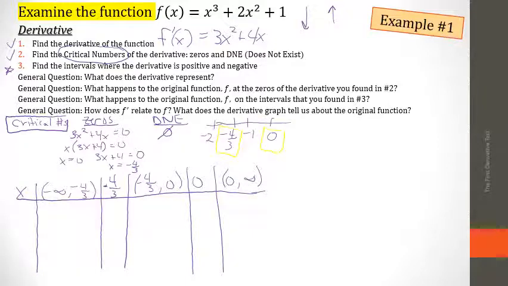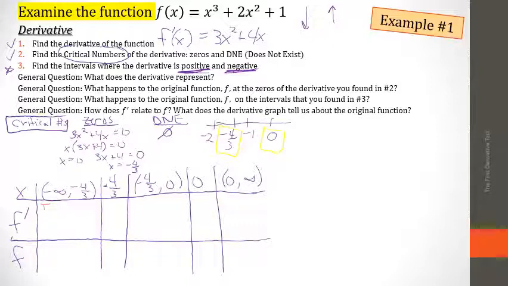Okay, and what are we looking at? Well, we're looking at the derivative, right? And what happens to the original function. So what are we looking at? We're looking at when is the derivative positive and when is the derivative negative. So we need to figure out if this first interval, negative infinity to negative 4/3, if the derivative is positive or negative.